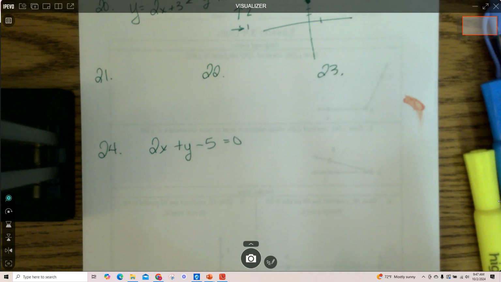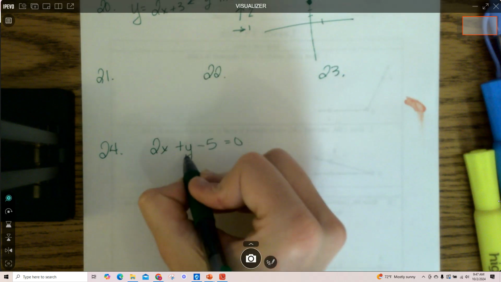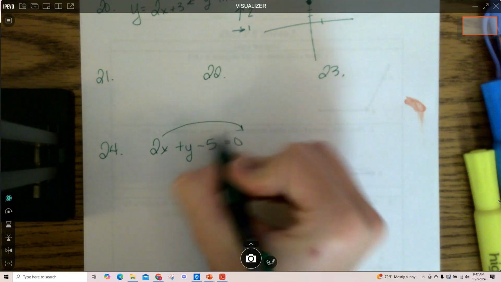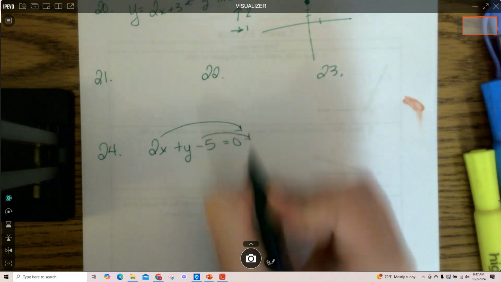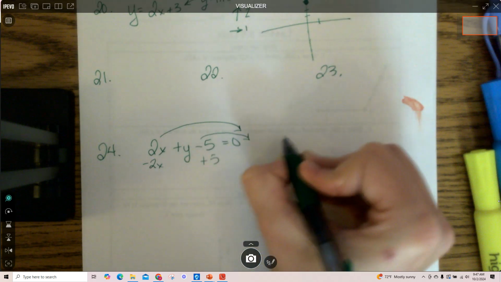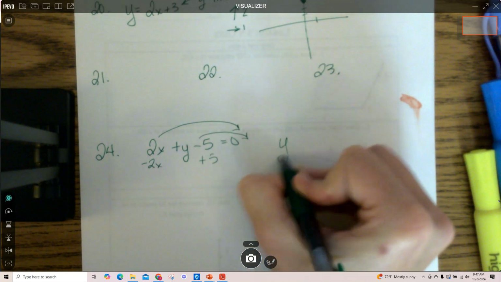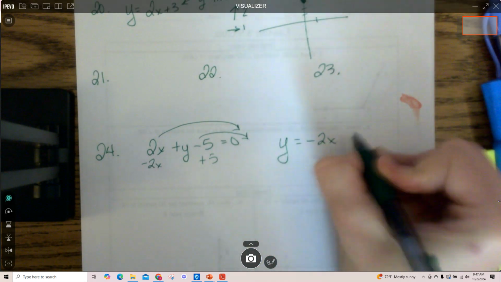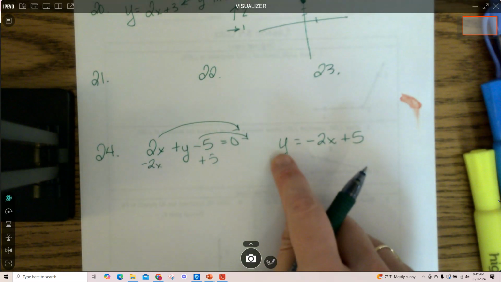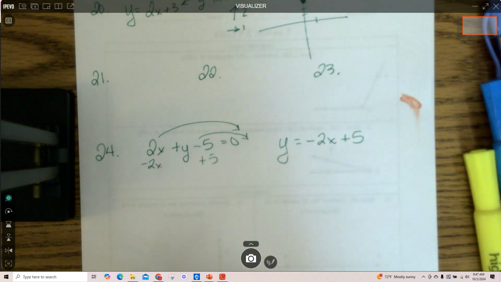It's slope intercept form. Slope intercept form is get the y by itself. So we've got to move the 2x over here and the negative 5 over here. We subtract the 2x and add the 5 to both sides. So we have y equals negative 2x plus 5. Name of the game, slope intercept form, get y by itself.